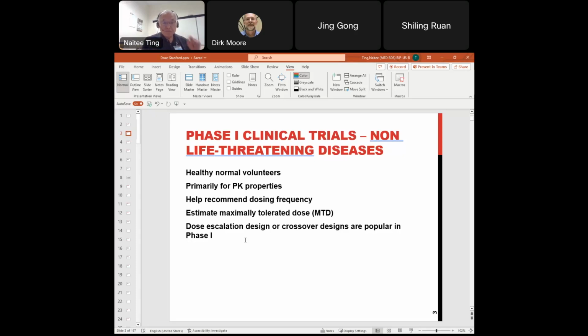So phase two is the first time you're exposing this drug to patients, and that's the first time you get to study drug efficacy or clinical efficacy. Before the first phase 2 trial, you probably have PD markers, you probably have animal models, but you don't know whether the drug really works in patients or not. So phase 2 is the first opportunity that we get to see whether the drug works or not.